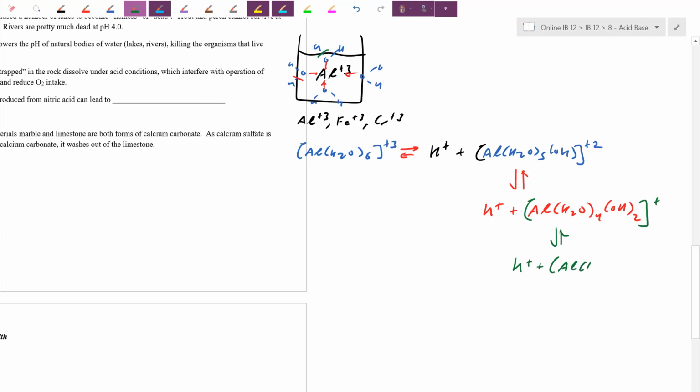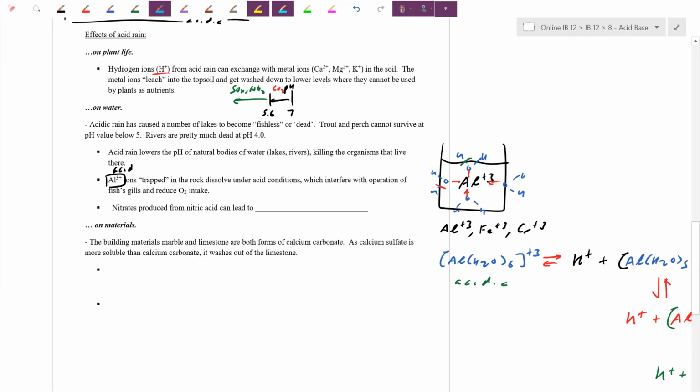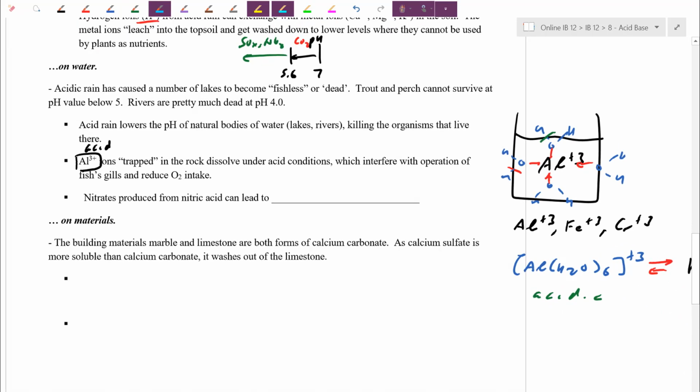I'm probably going to stick around like this, water 3, OH 3, and now we're neutral. So overall, even though aluminum at first didn't have an H+ to give up, it definitely does have H's in this complex. So, back to some consequences.